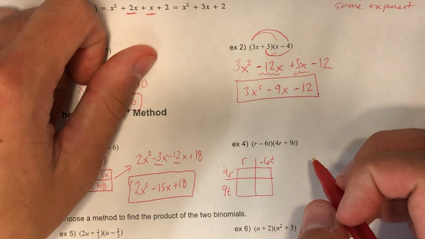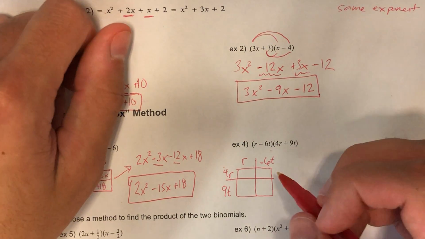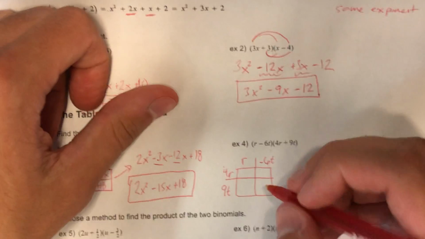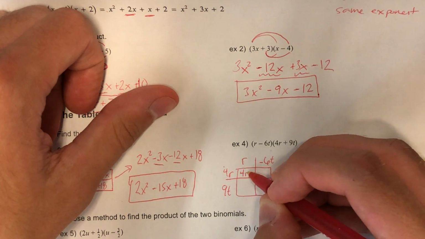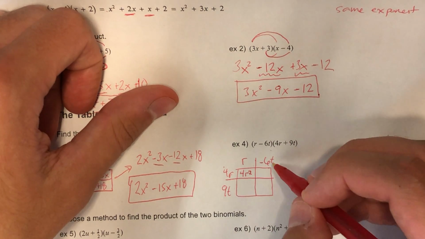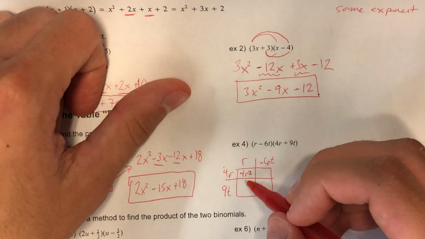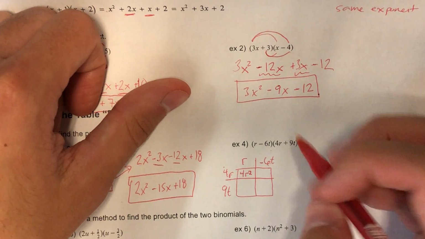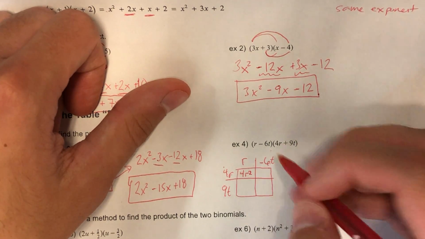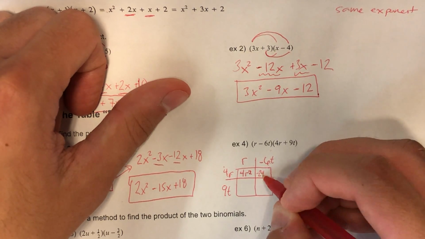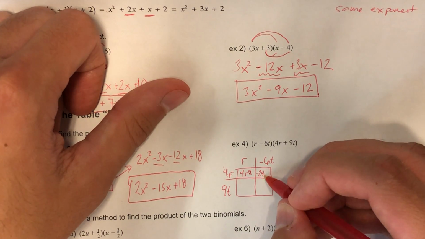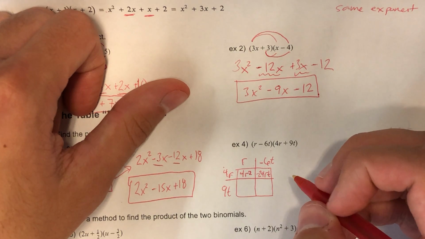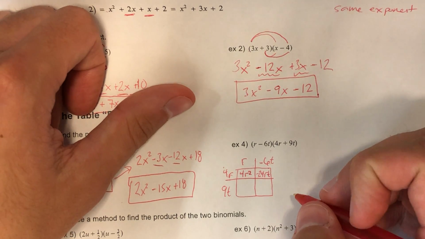Okay, here we go. Let's try this method again. So 4r times r is 4r squared. 4r times negative 6t, so multiply the coefficients first. 4 times negative 6 is negative 24. R times t is rt. Notice neither of them squared because they're different variables.